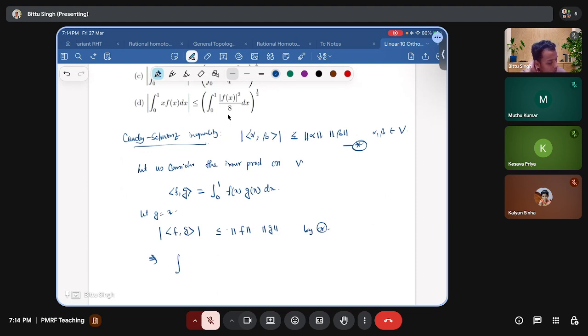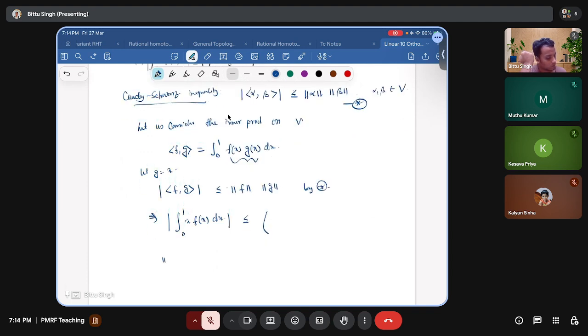Now this equals the integral of x times f(x) dx, right? We are just multiplying f(x) and g(x), which is x f(x). The modulus of this is less than or equal to the norm of f. By definition, this is the square root of... so what is norm f squared? Norm f squared is the same as the inner product of f with f itself.